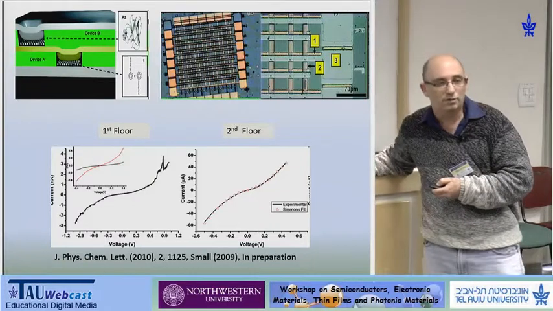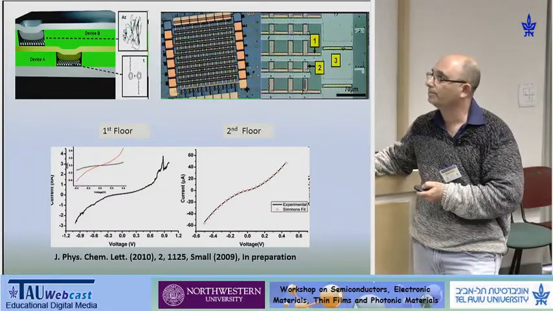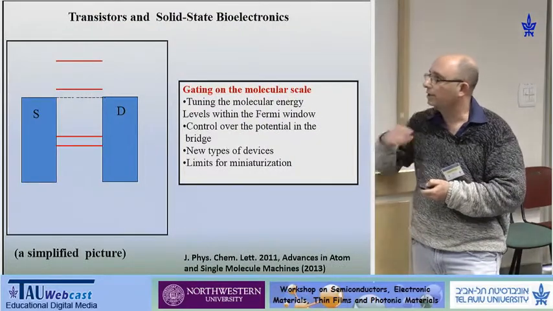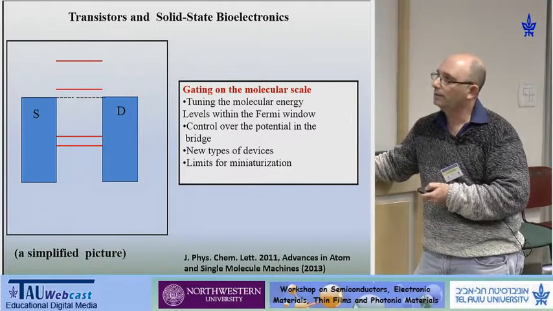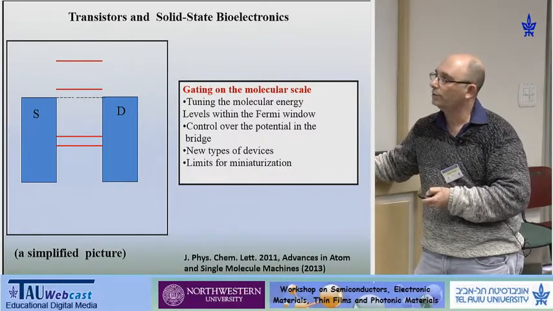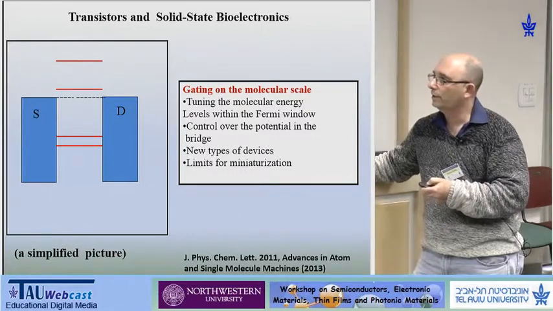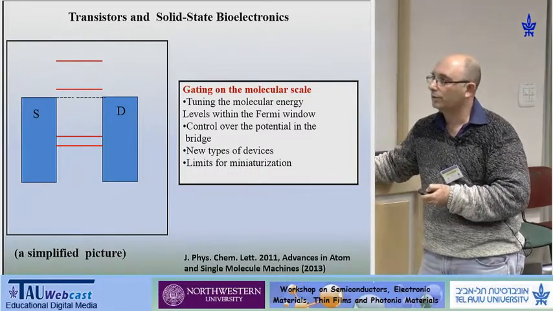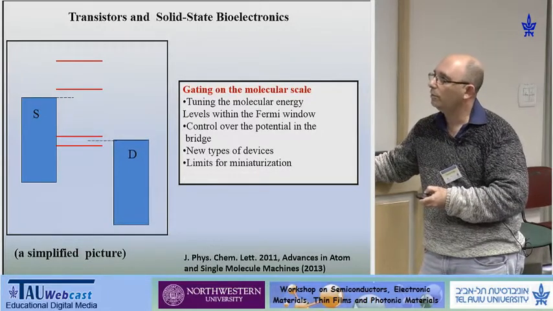And I want to convince you that this is very important in molecular and also in bioelectronics. Why is this important? A very simplified picture says as follows. Suppose that we have a source and a drain, and some discrete energy levels of the molecule, which is sandwiched between this source and drain. So we apply a voltage, and we have this Fermi window.